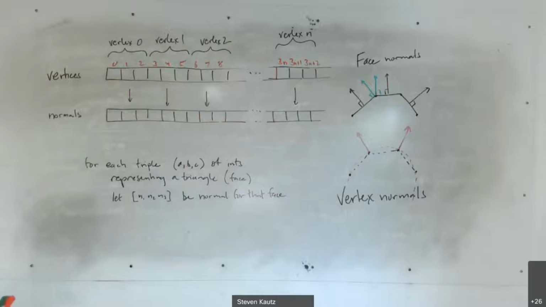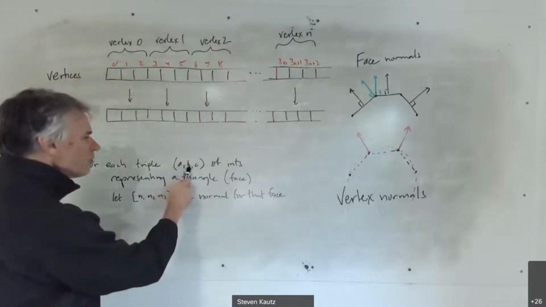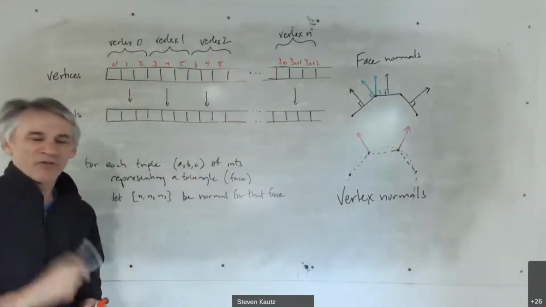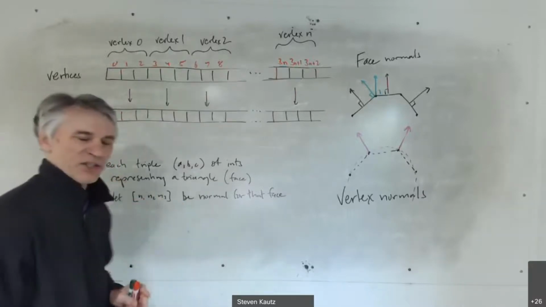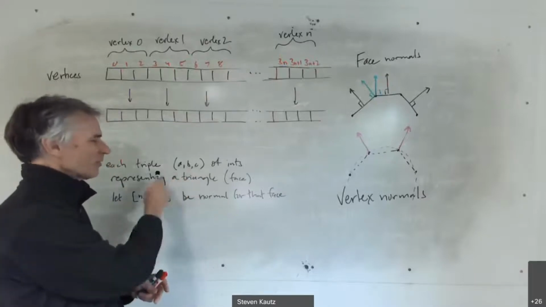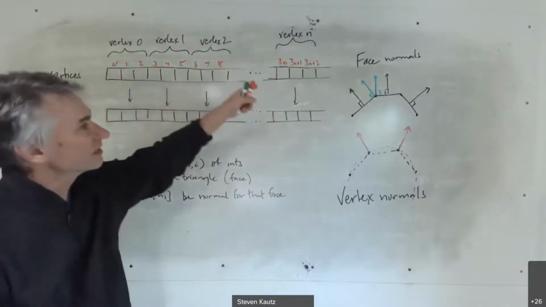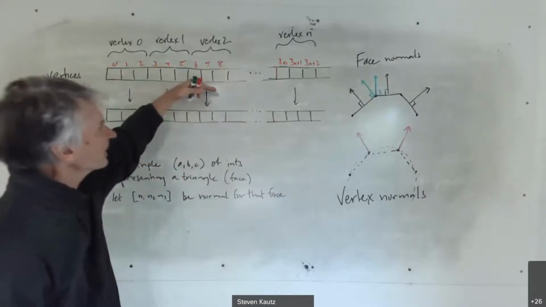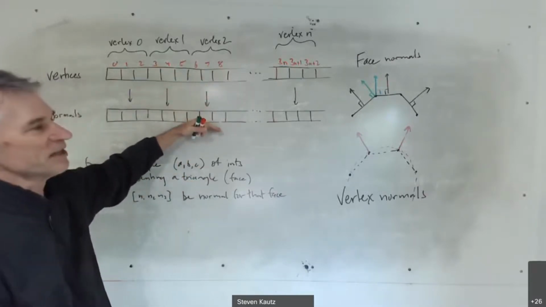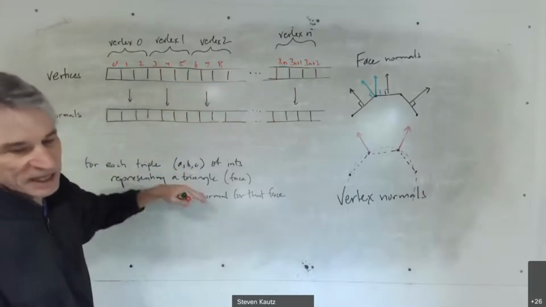Now the thing is, you have the indices for the vertices that face touches, right? That's exactly what those three numbers are. They are the indices in this array for the vertices that face touches, and therefore they are the indices in the normal vectors array for the vertices that face touches.